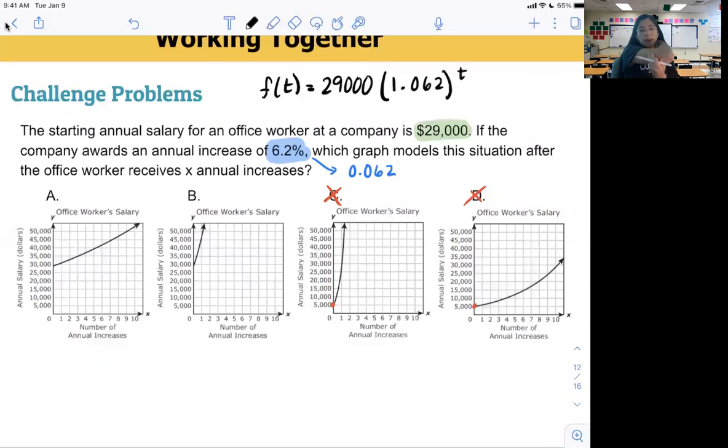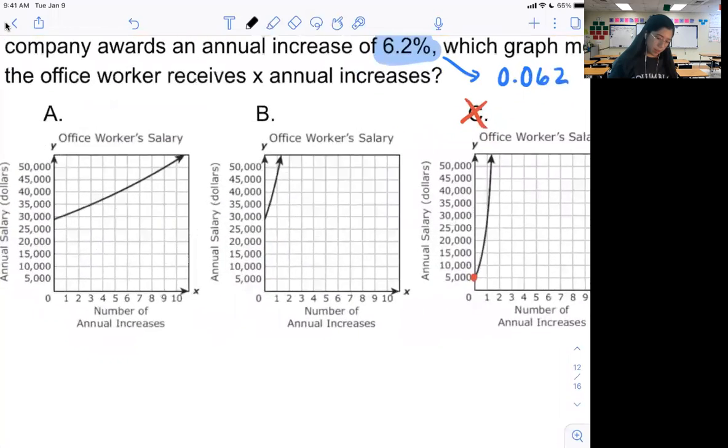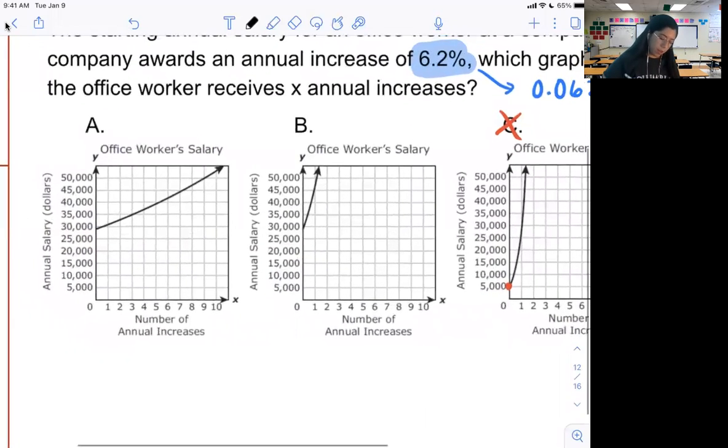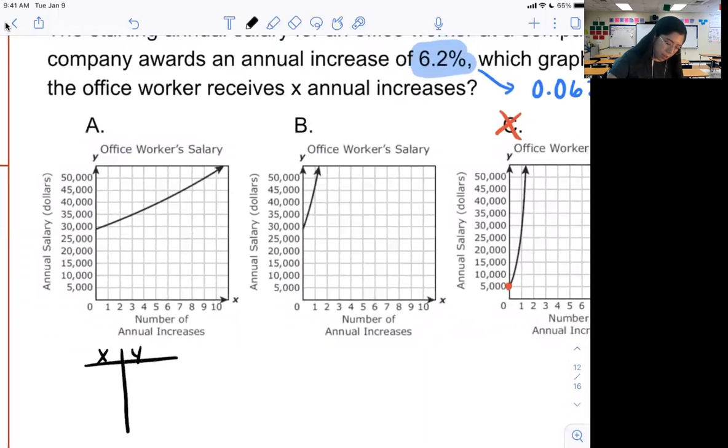In order to figure out which of these it's going to be, A versus B, let me zoom in and let's look at what happens in A. If I make a little table for A, I know that it starts at 29,000. Approximately where is it after 1 year?